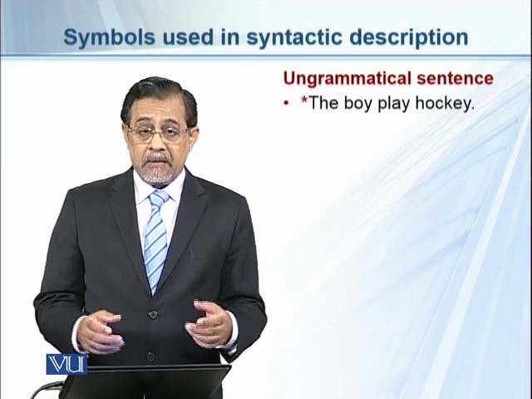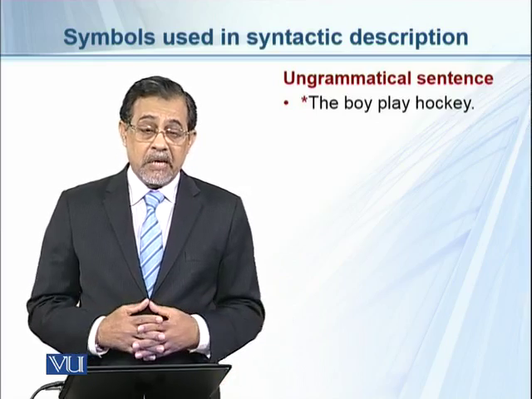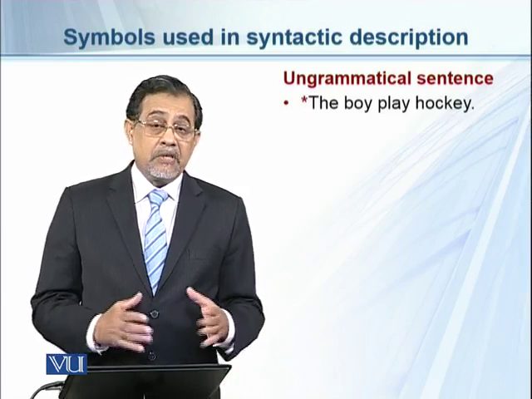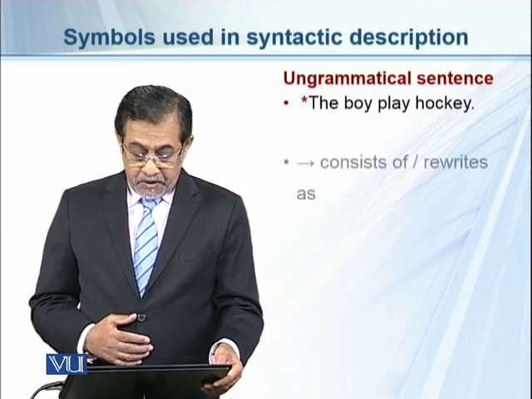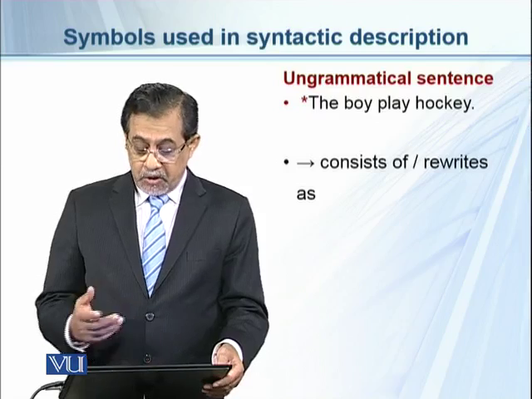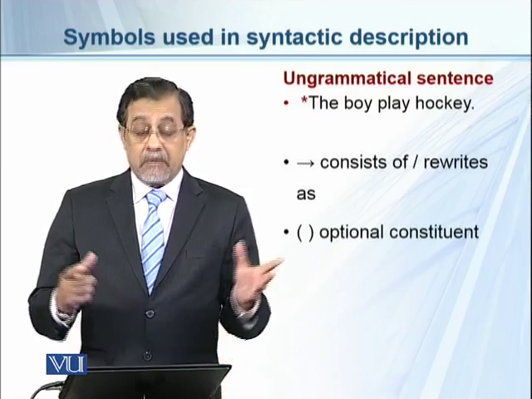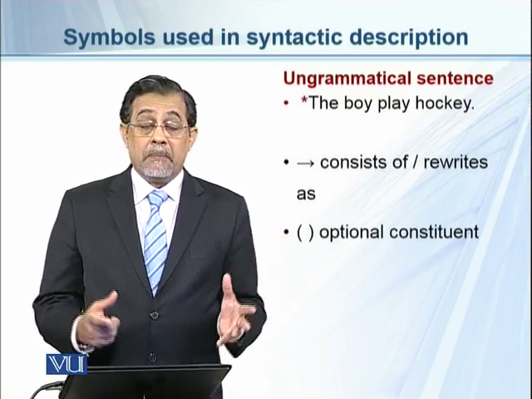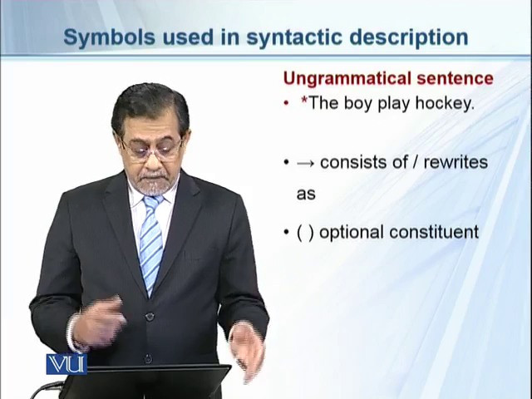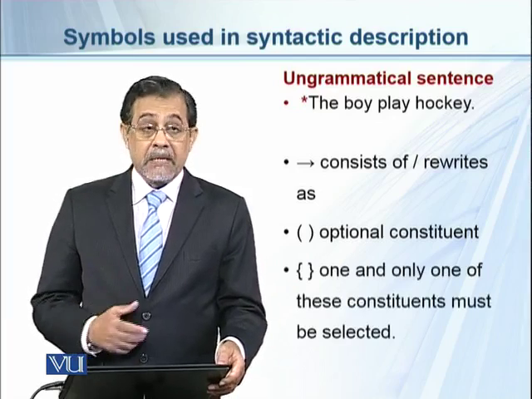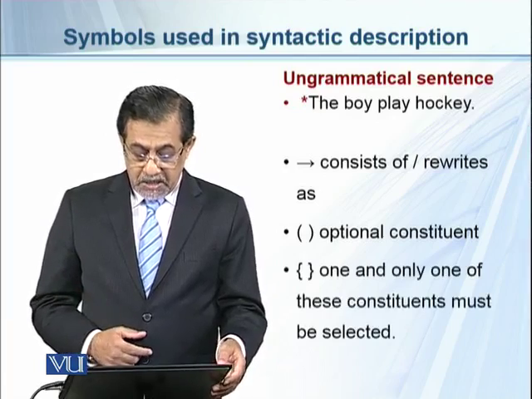So we put an asterisk before the sentence, and this tells us that this sentence is incorrect and used as an example. So the arrow means consists of or rewrites as, these round brackets tell us that the constituent is optional, and the curly brackets tell us that one and only one of these constituents must be selected.